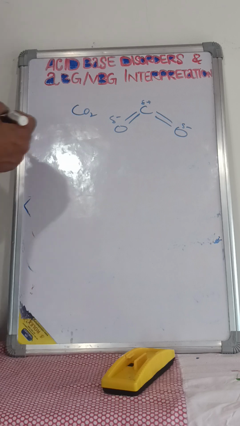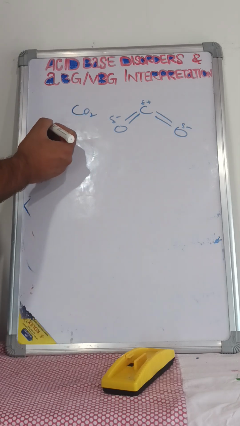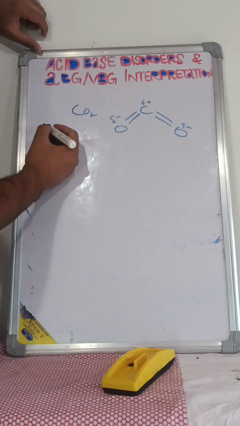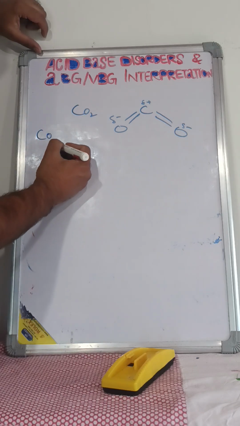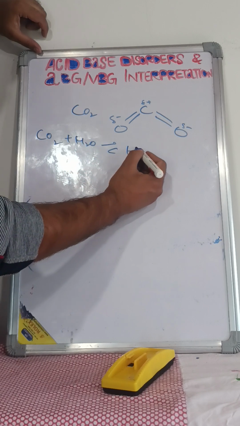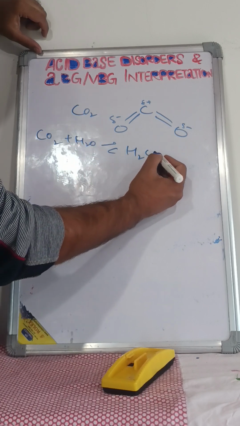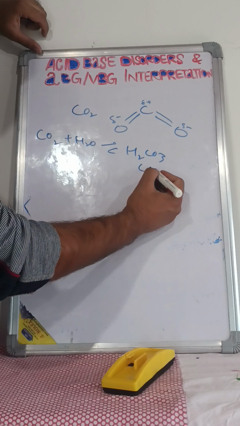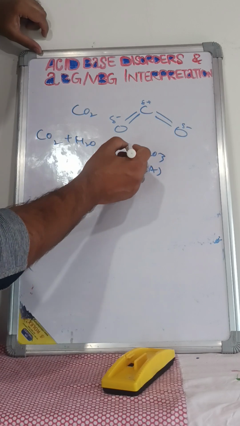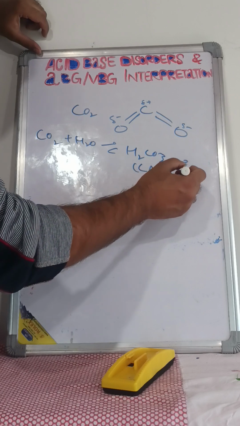There are two explanations regarding carbon dioxide being an acid. One is that CO2, carbon dioxide, combines with water and forms carbonic acid, H2CO3. Carbonic acid is an unstable compound.